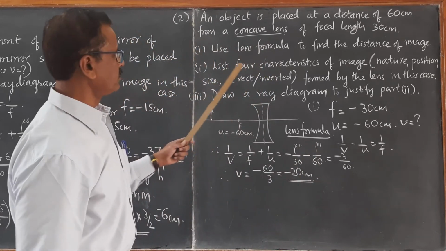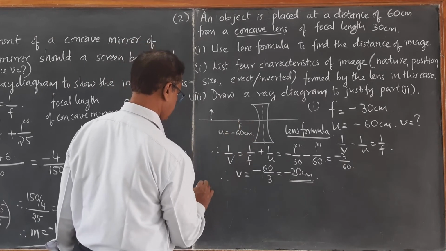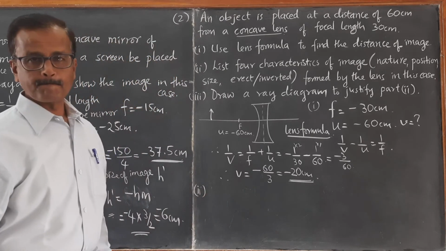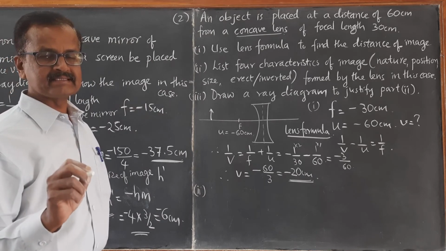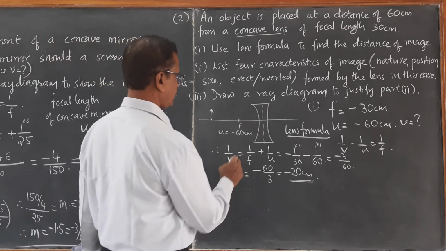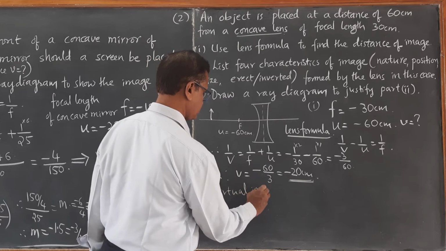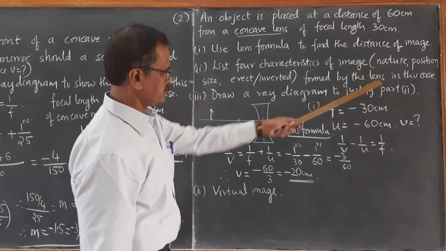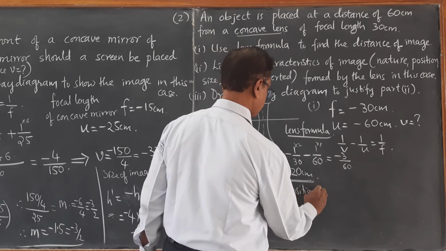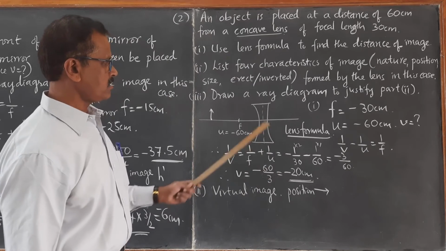Now the second one, the characteristics of the image. One is nature. The image formed by a concave lens is always, remember, virtual and erect. Then position: between focus and optic center.